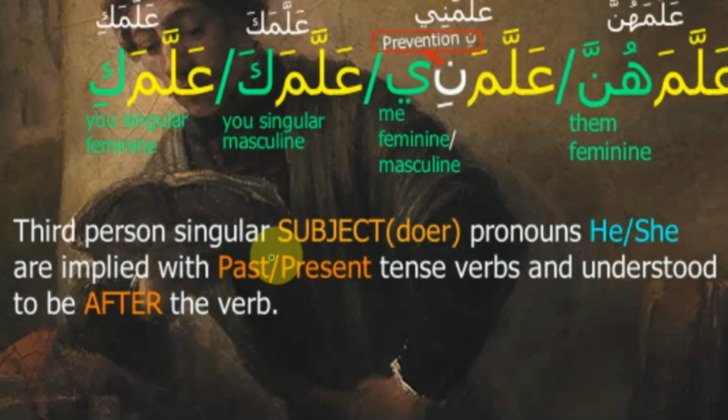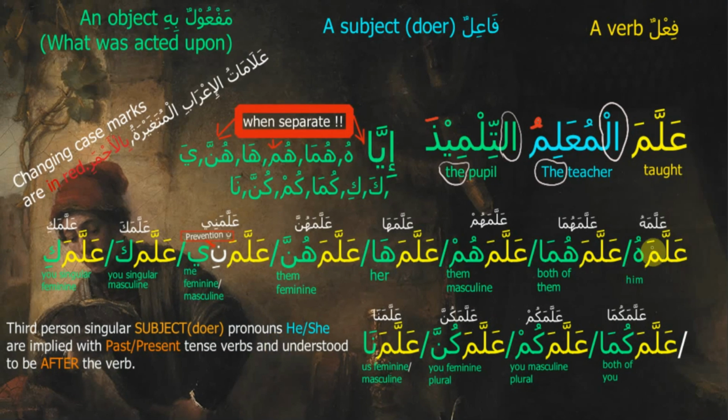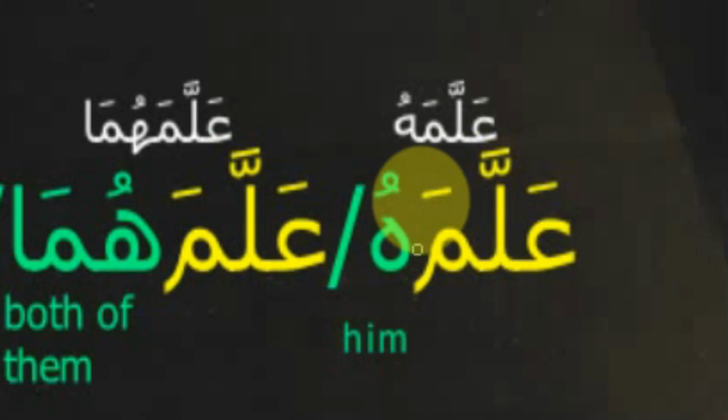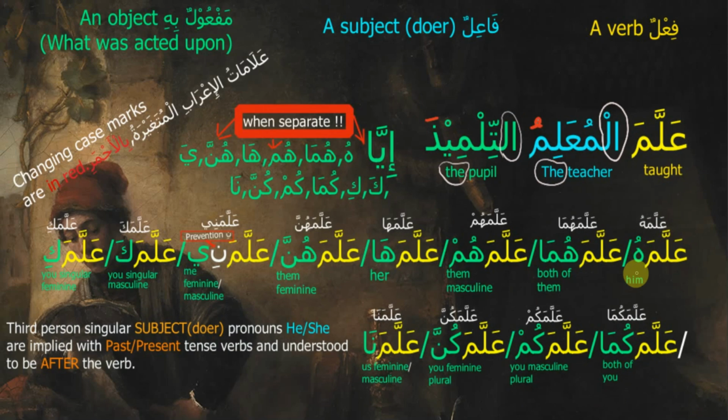Third person singular subject doer pronouns, he or she, are implied with past or present tense verbs and are understood to be after the verb. So, feminine or masculine, with the verb it's implied, and in between here you assume there is a pronoun for the he or she.